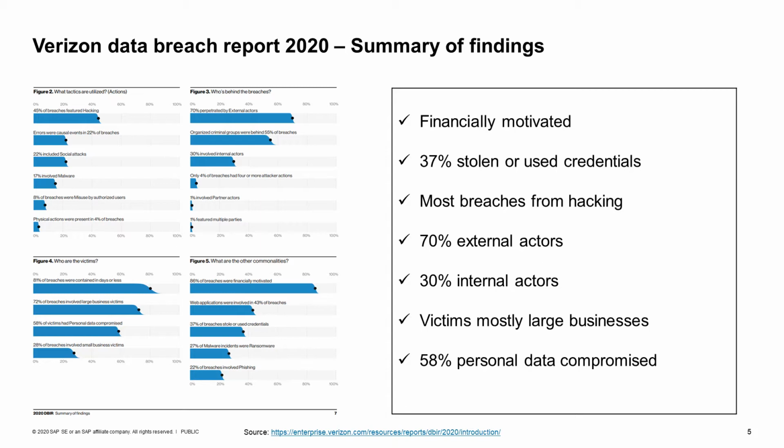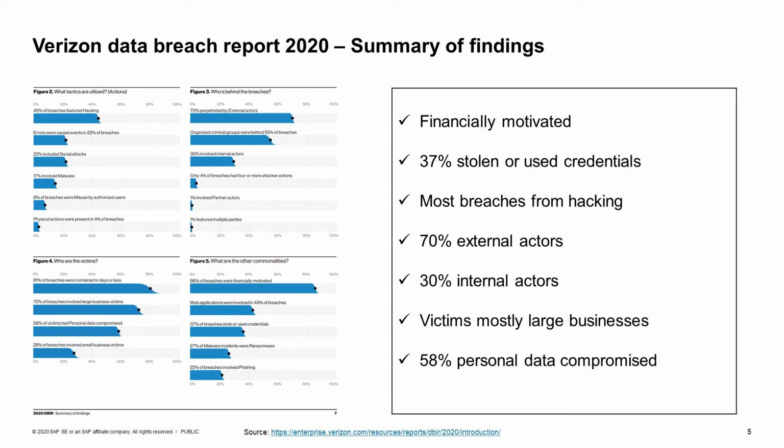So if you look at the overall picture, there's a lot of errors and misuse that come into play besides the 50-some% from hacking. 70% of attacks are from external actors, 30% are from internal actors, and 55% are criminal organizations. Victims are mostly large enterprises, and 58% of those enterprises suffered personal data being compromised. So this is an area that is important to look at.